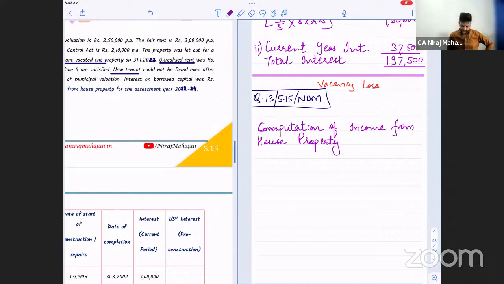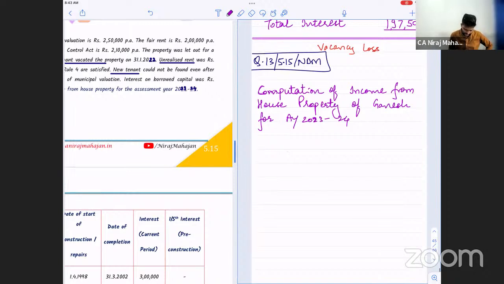Computation of income from house property of Ganesh for AY 23-24. Still here, all of you? Particulars, rupees.